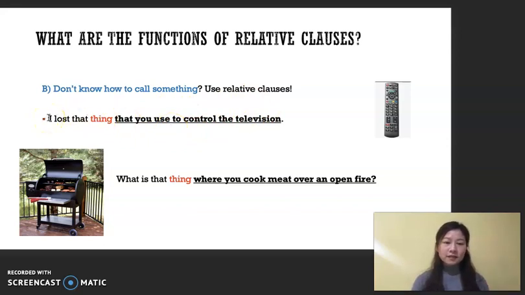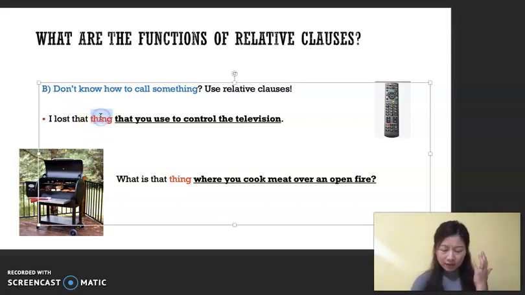I lost that thing that you used to control the television. So I'm trying to describe this thing, and using this relative clause here, although I don't know the name of the item, you probably know by now what it is called. But I can actually describe it. So I lost that thing. What is that thing? Give me more information. That you used to control the television.